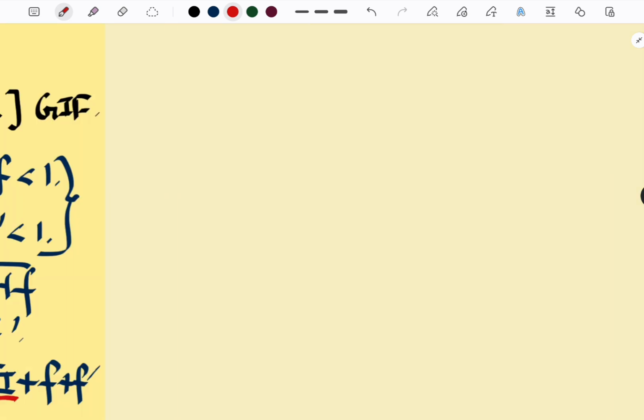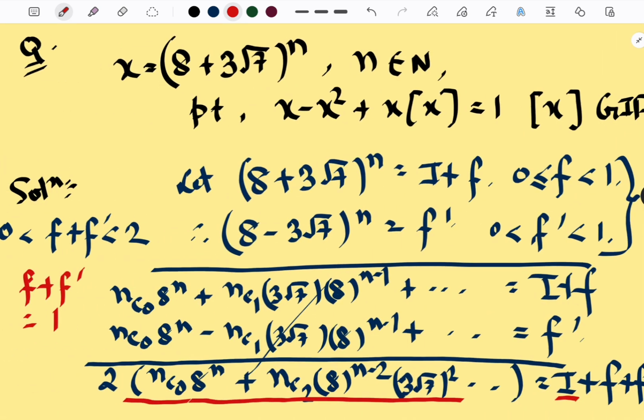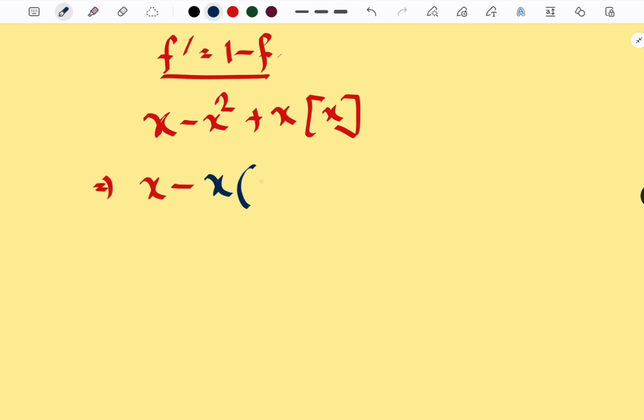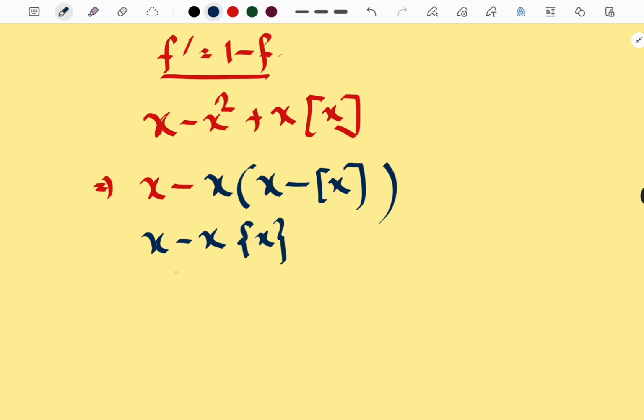Now what are we required to prove? We are required to find x minus x square plus x [x]. We can take x common, so what is left out? x minus [x], which is equal to x minus the fractional part of x.